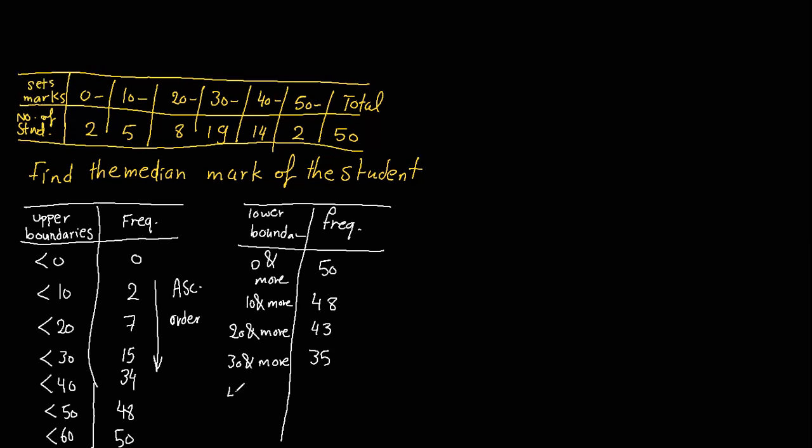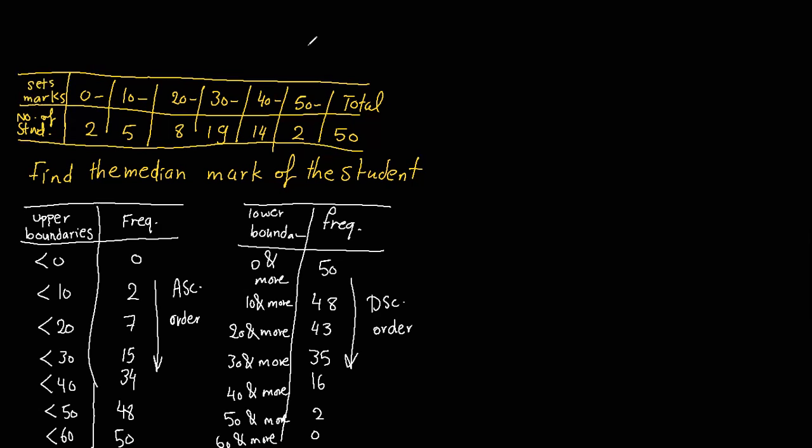Then 40 and more, 35 minus 19, it will be 16. 50 and more, 16 minus 14, it will be 2. 60 and more will be 0. These values are the descending order of the median.